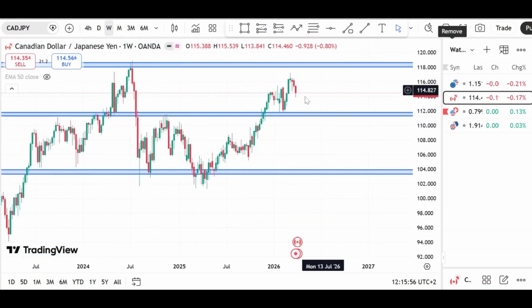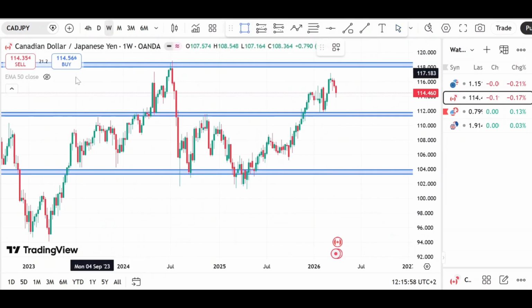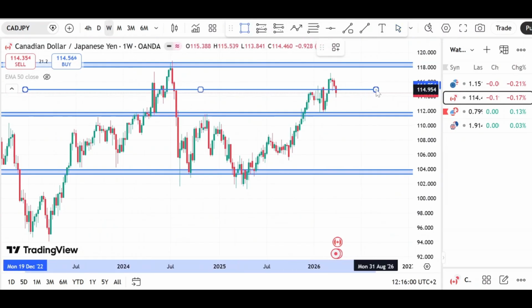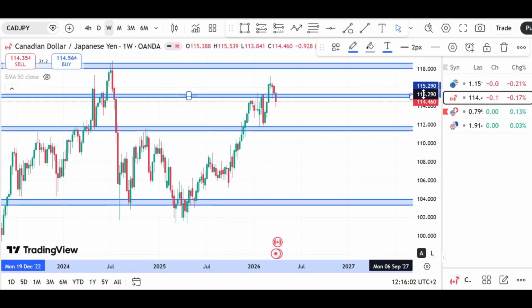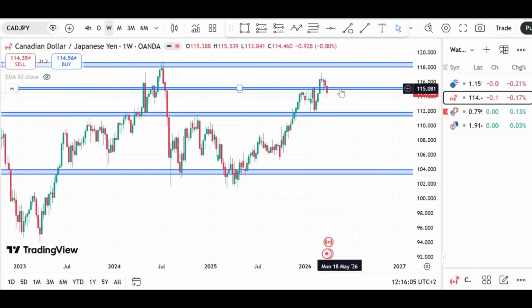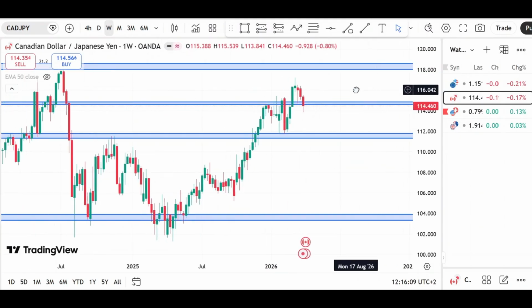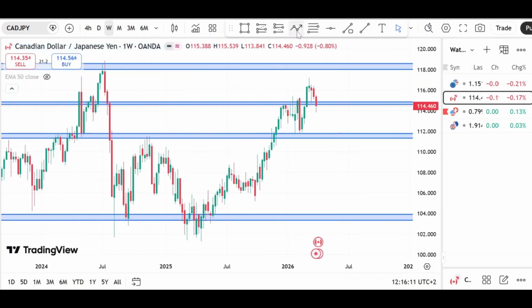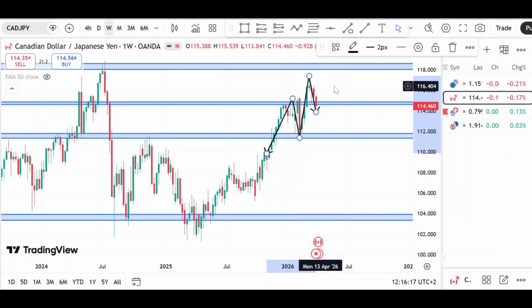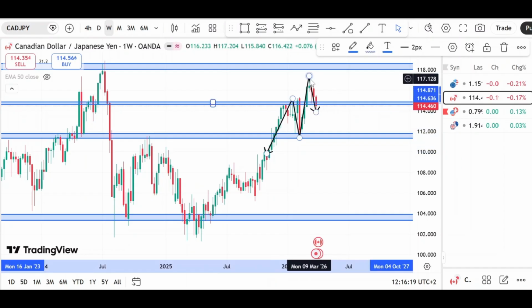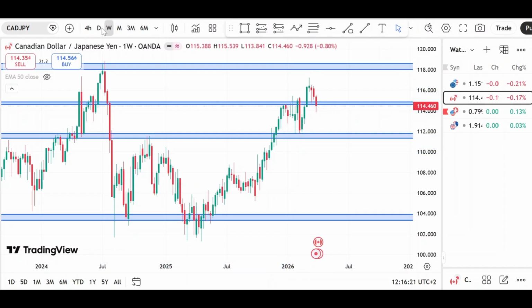As I was saying, sellers are present here on this weekly. We are seeing higher high, higher low, higher high, but there are a lot of sellers on this weekly support.